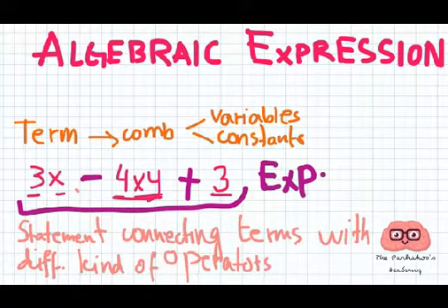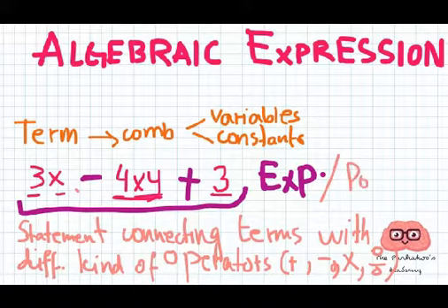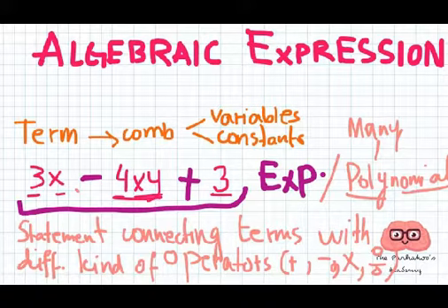It could be plus, it could be minus, it could be multiplication, it could be division. So this is what an expression is. These expressions are also sometimes called polynomials. Poly means multiple or many, and nomials means terms.